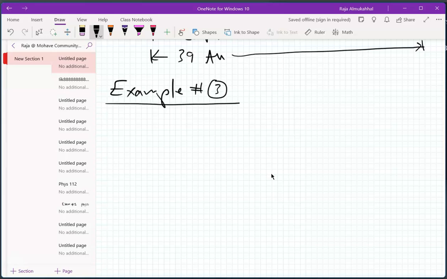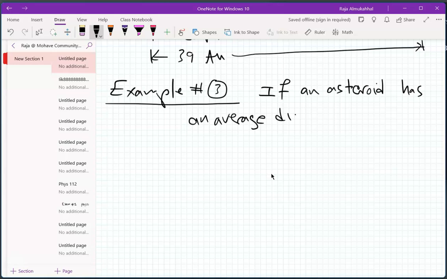It's kind of a simple formula. So here's another one. It says if an asteroid has an average distance from the sun of, what is that?